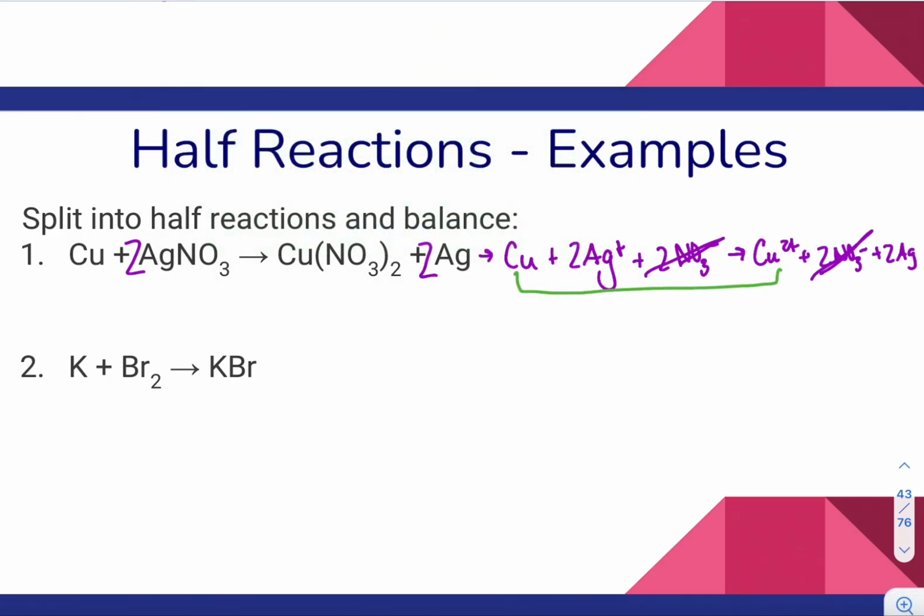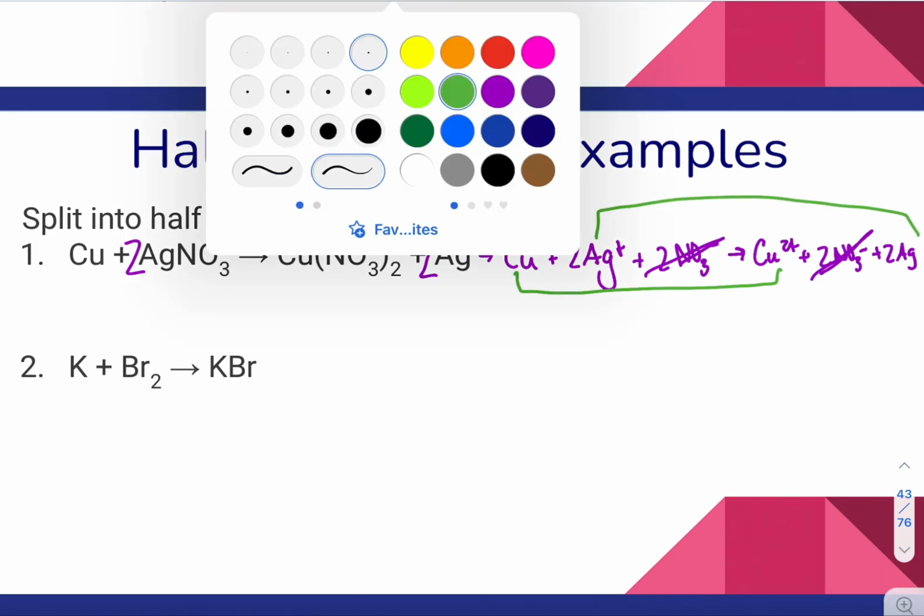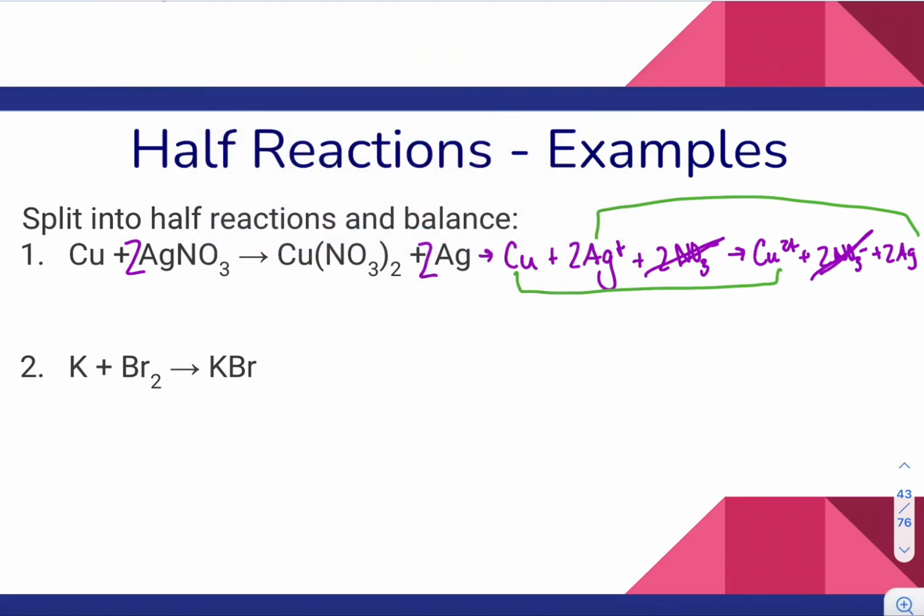So Cu and Ag. And then I need to add electrons to balance this out. So I'm going to put 2 electrons here and also 2 here.